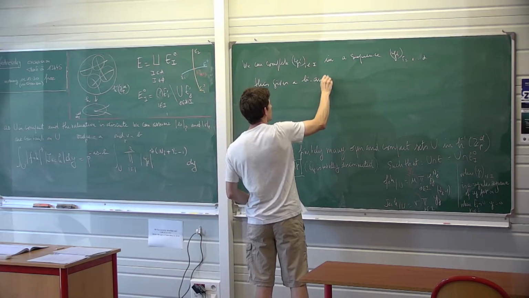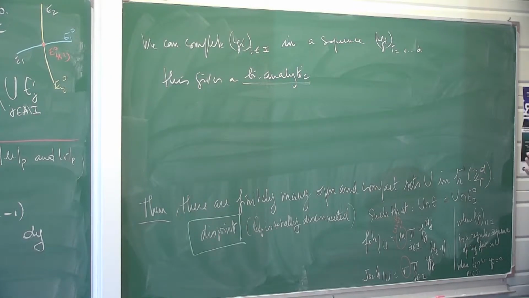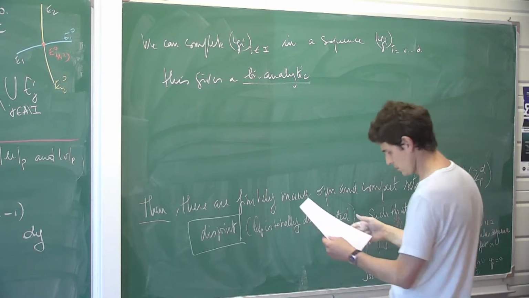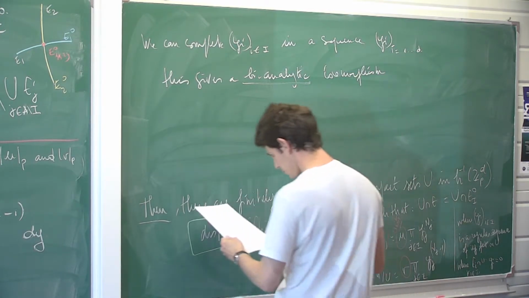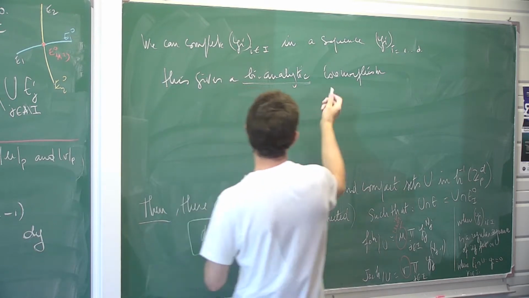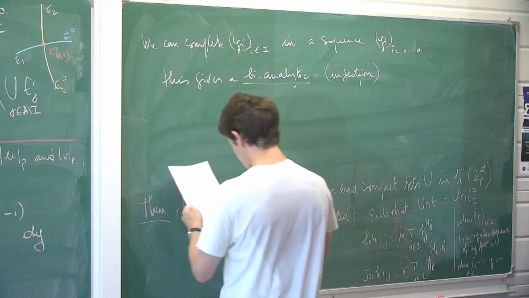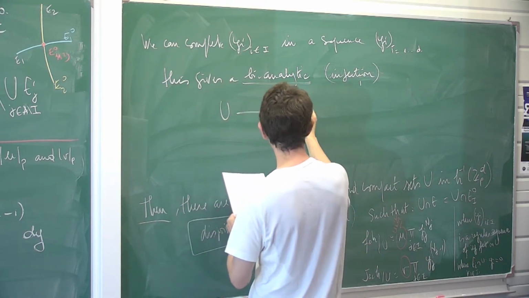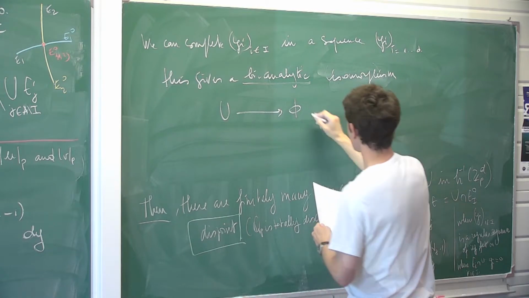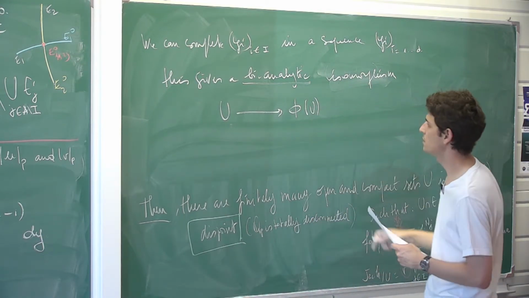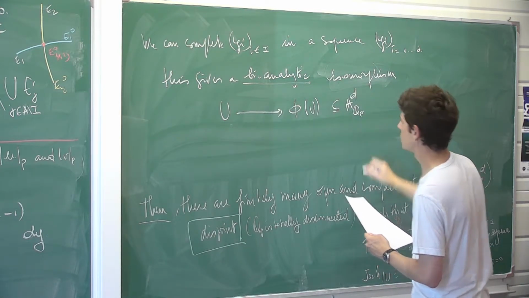So here we work in the analytic world. In the algebraic world we would just have an étale map, but in the analytic world we have a bianalytic isomorphism. Maybe I should say injection. From U to... no, I can say isomorphism, but I have it from U to its image, included in A^d(Q_p).